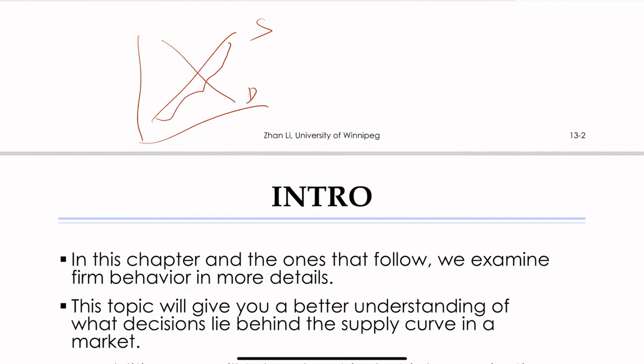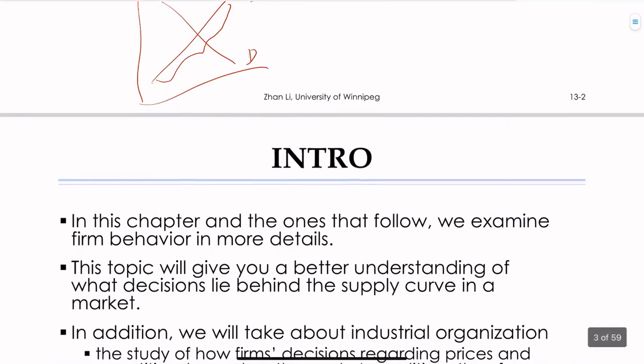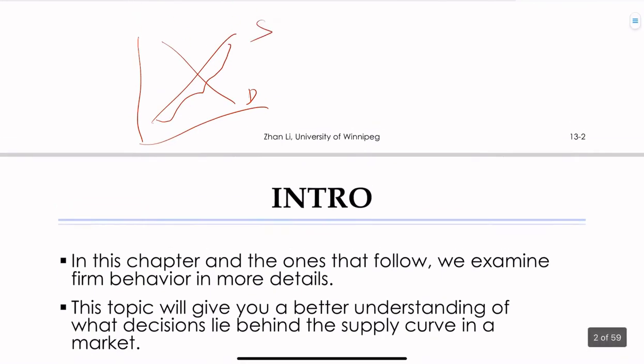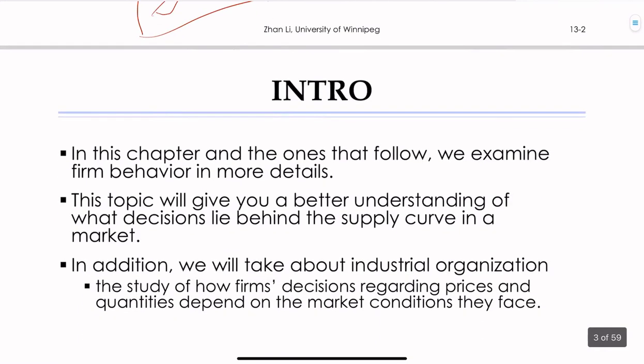Or where does this supply curve come from? Well, in the second half of this intro to micro, when we are talking about firms' behaviors, you will understand how you get this supply curve. Essentially, we will understand how firms determine the price and quantities depending on the type of market they're operating in.